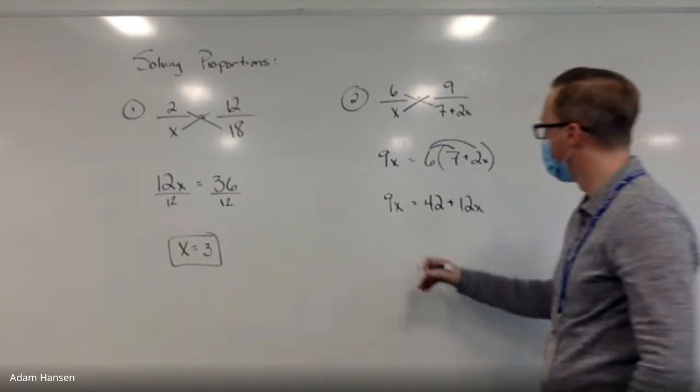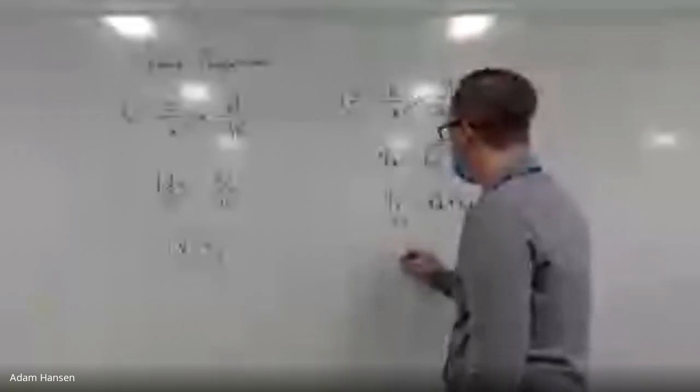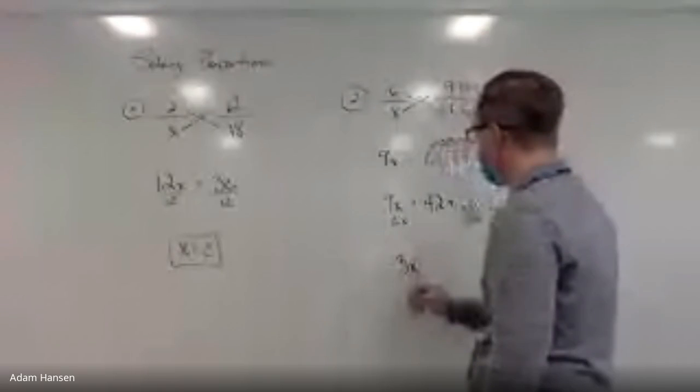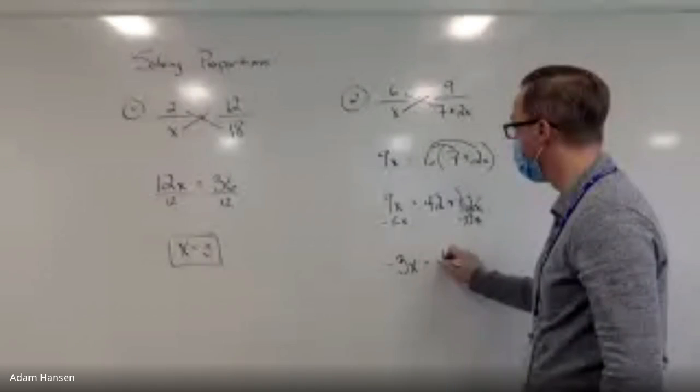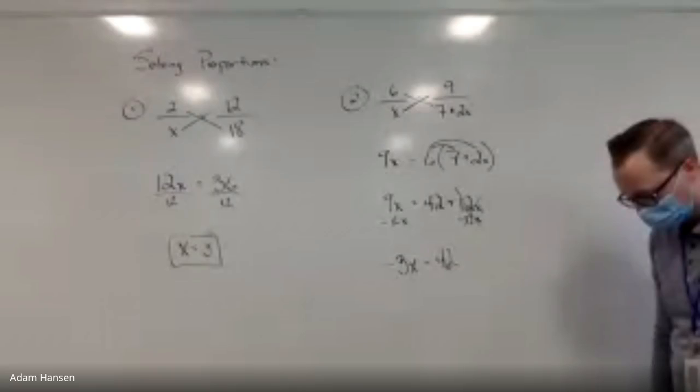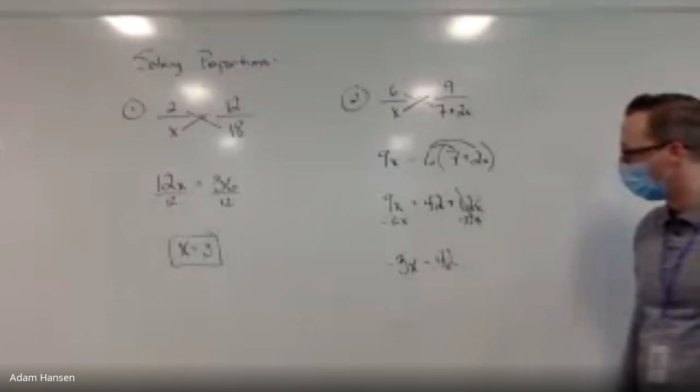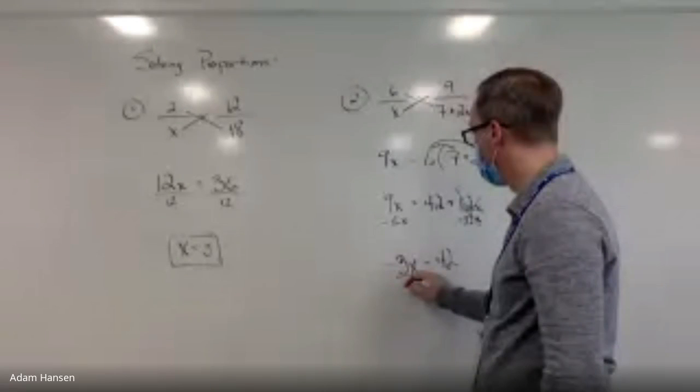Subtract the 9x maybe? Or subtract 12x actually? Yeah, let's subtract the 12x so I get the x's and the constants separately. That's negative 3x on the left. All I have left on the right is 42. Divide by negative 3. I think it's negative 14.